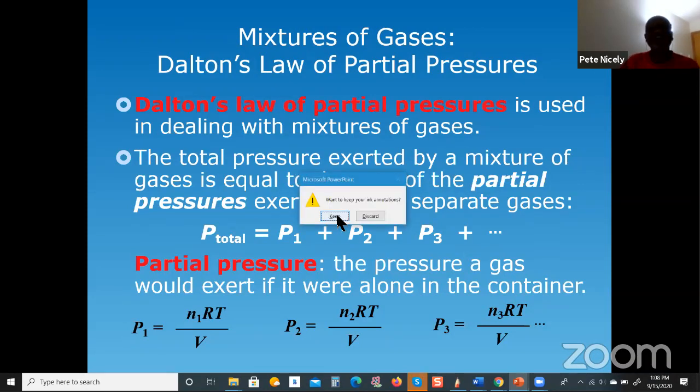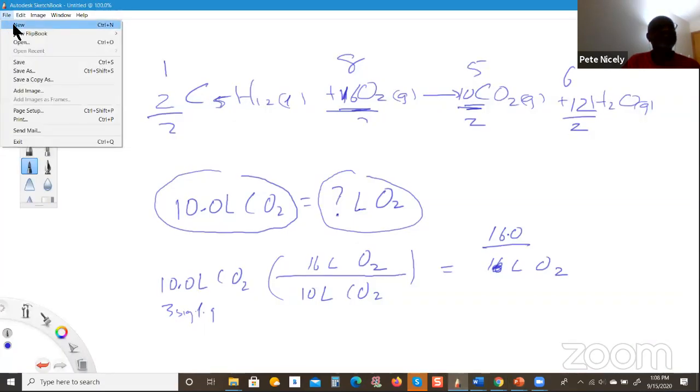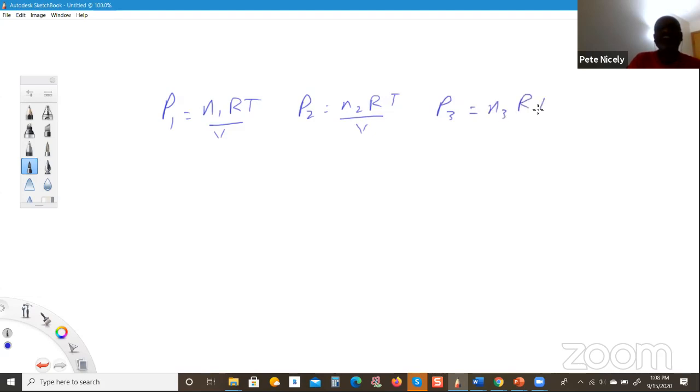Now, let's see what the consequence of this would be. Going back to my writing pad: for gas 1, P1 would be equal to n1RT over V. For gas 2, P2 would be equal to n2RT over V. For gas 3, P3 would be equal to n3RT over V. You'll notice in each case the T and the V would be the same because they're in the same container.